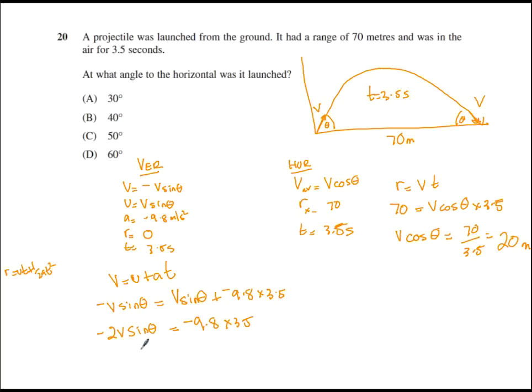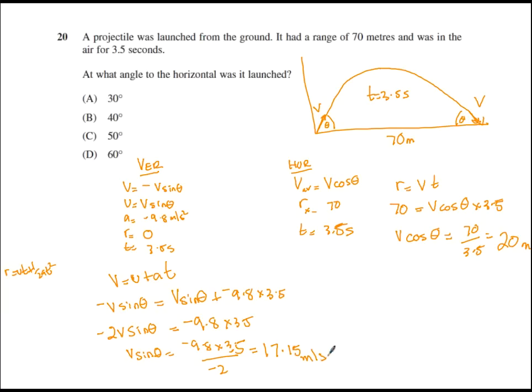As a result, you can see that I can now work out what v sine theta equals. V sine theta is equal to negative 9.8 times 3.5 over negative 2, and that equals 17.15 meters per second.